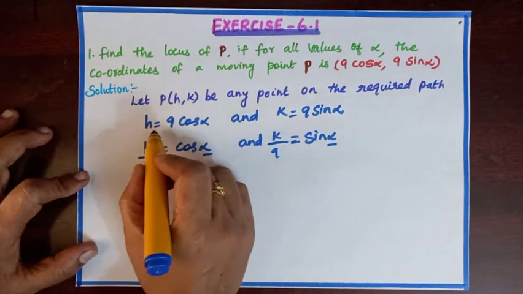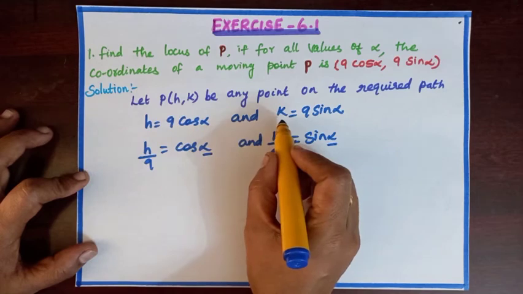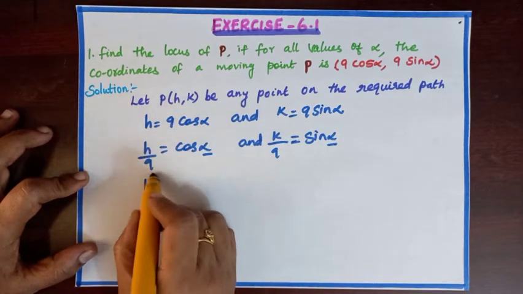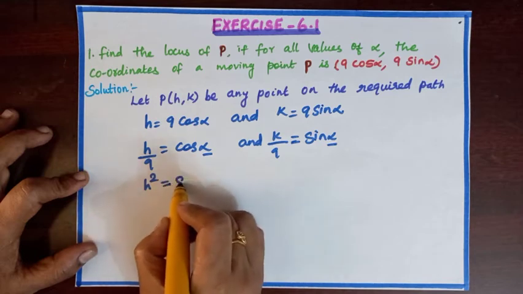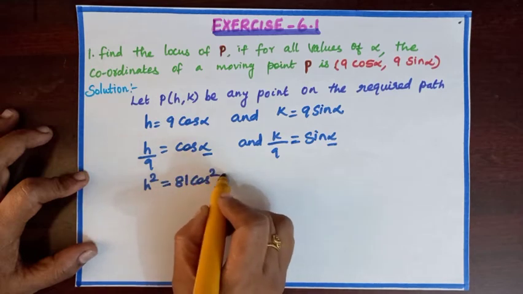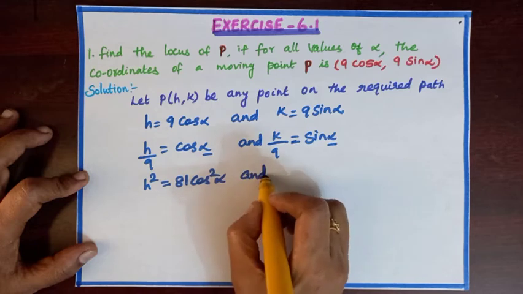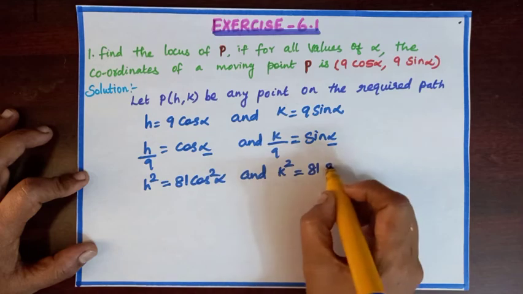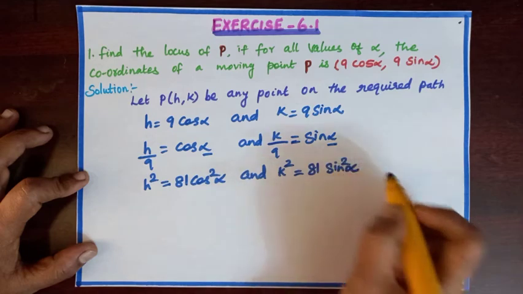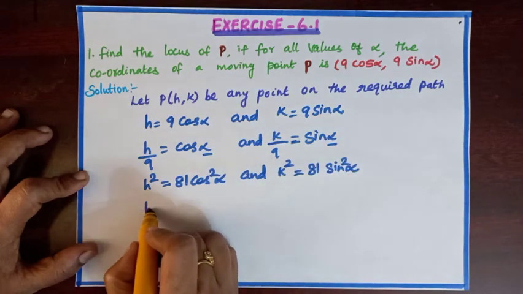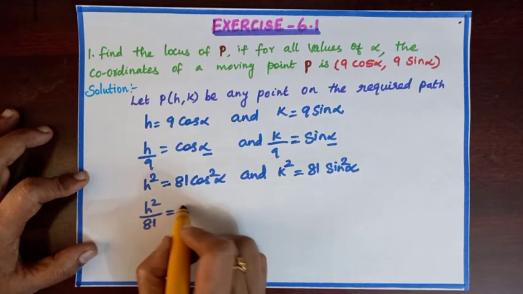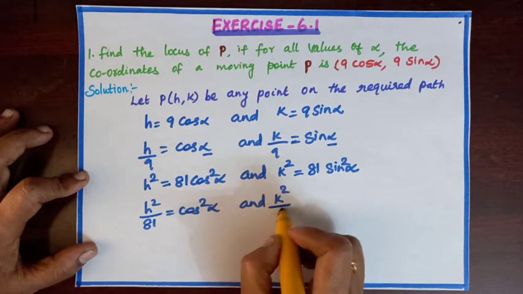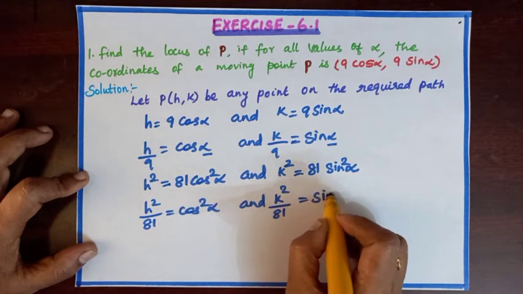I am going to square this h and k, and next I am going to add them. If I am squaring h, I will get h square equal to 81 cos square alpha, and k square equal to 81 sin square alpha. So that is h square by 81 equal to cos square alpha and k square by 81 equal to sin square alpha.